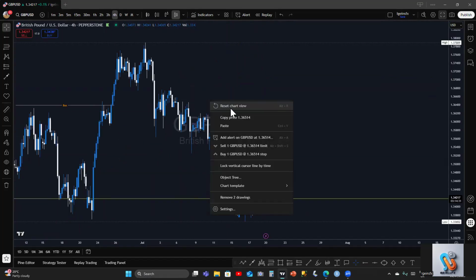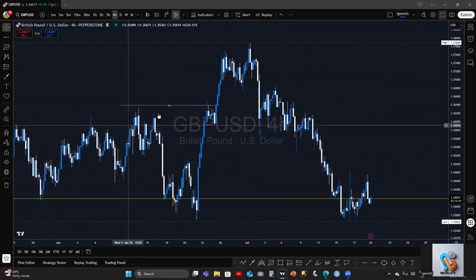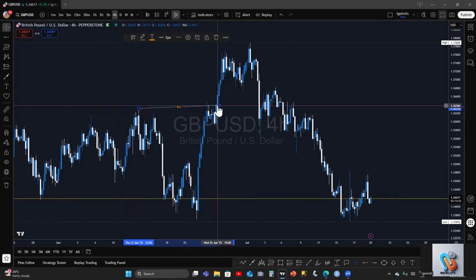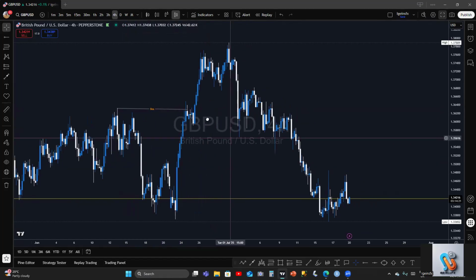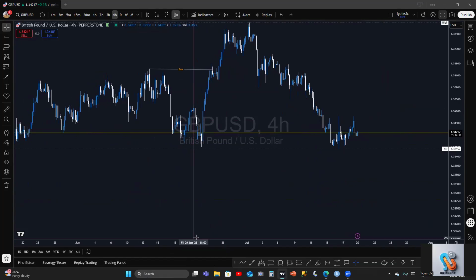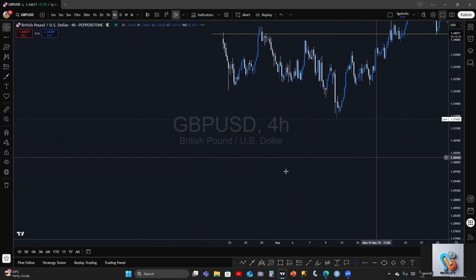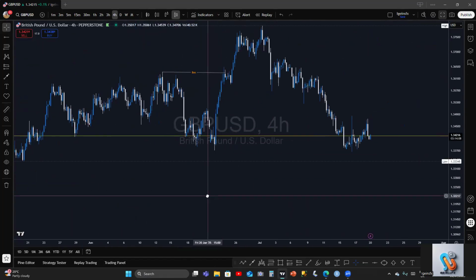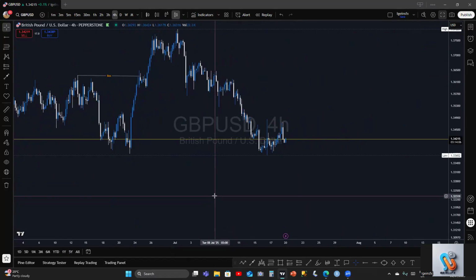So let's scale down to 4 hours. On the 4 hours, you can see price pushing to the downside. At this point, we need to look at what is actually happening.